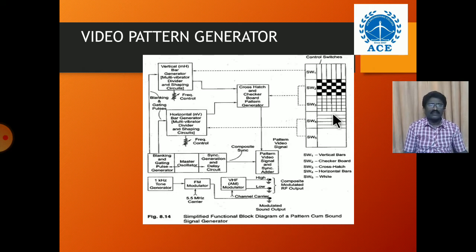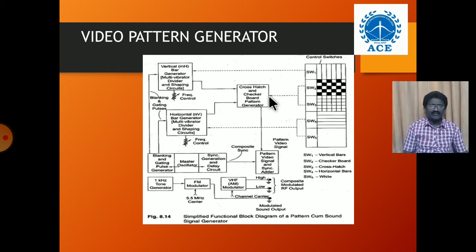So the multivibrators produce a square wave video signal at m times the horizontal frequency to provide m vertical black and white bars.